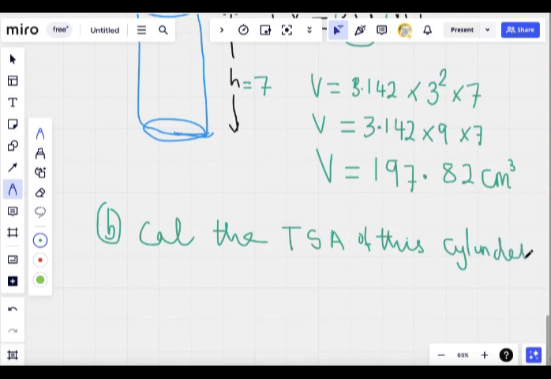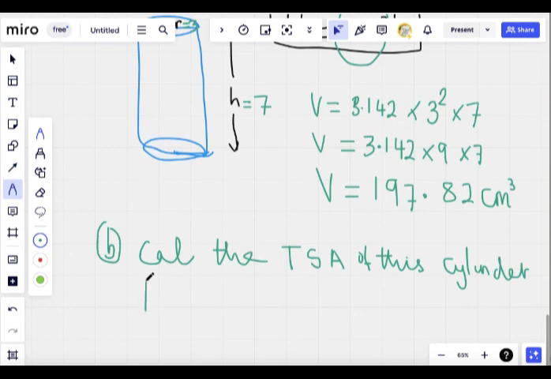Calculate the total surface area of the cylinder. Now, what's the total surface area of a cylinder? The formula, TSA of a cylinder.